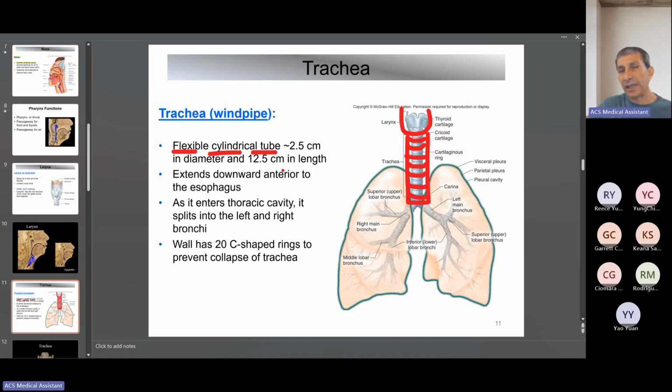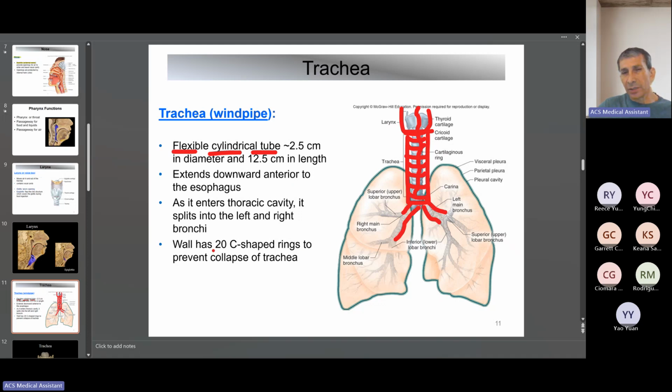No worries about the length. No worries about the cylindrical tube. This is a passageway for air. That's all that matters. So it extends from the anterior part of the esophagus. We're not caring about the esophagus right now, but it connects the larynx to the branches that enter each lung, which are called the bronchi.